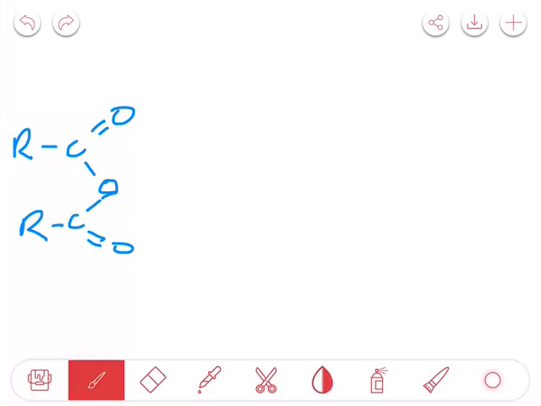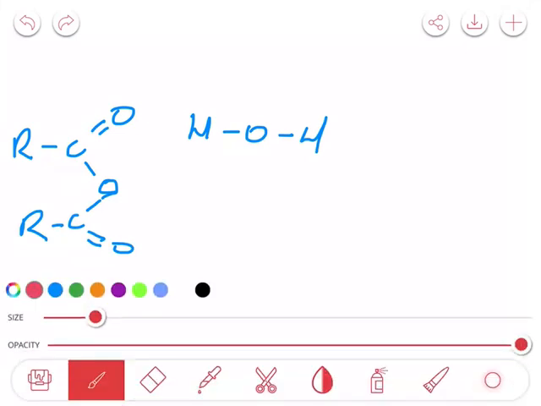Okay, and again, just like before, we've got four things that we need to react it with. We need to react it with water, which I'll draw here. So there's water. We then need to do it with an alcohol, ammonia, and then an amine.